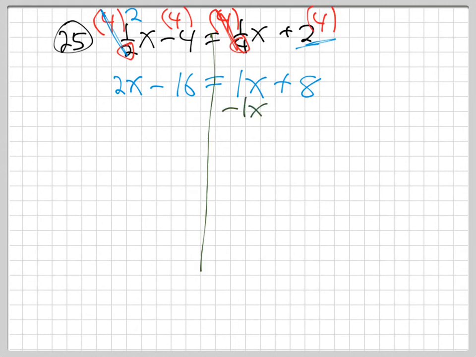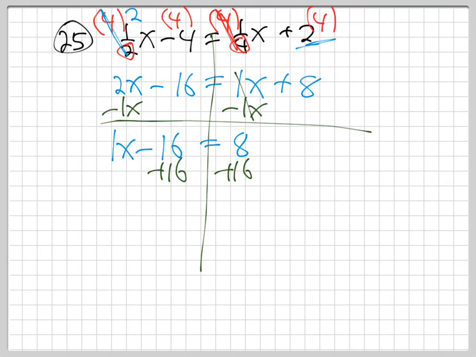Well, you'd subtract the lower one. Subtract 1x from both sides. And we get 1x minus 16 is 8. How do we finish getting x alone here? Add 16. And 1x, that's just x, is 24. There we go. We solved for x. All right, to number 26.